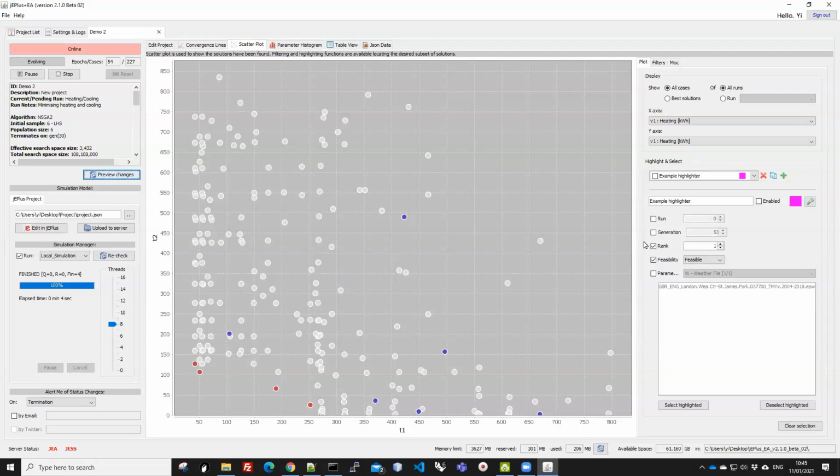The optimization process is now trying to push down both heating consumption and cooling consumption at the same time. So effectively, we're showing heating versus cooling on this chart, and the algorithm is trying to push the solutions towards that region. You will see a line populated along this curve, which we call the Pareto front.